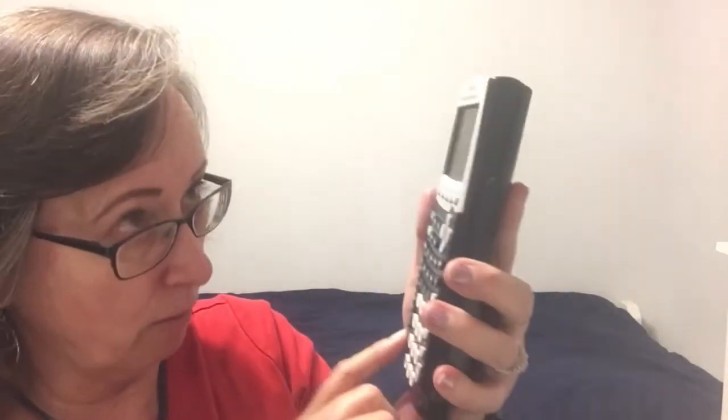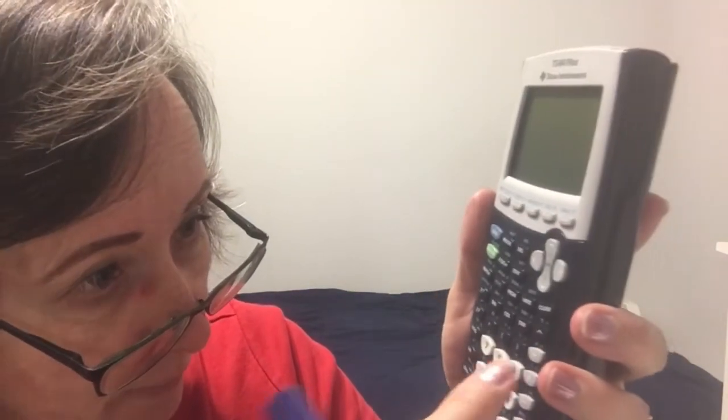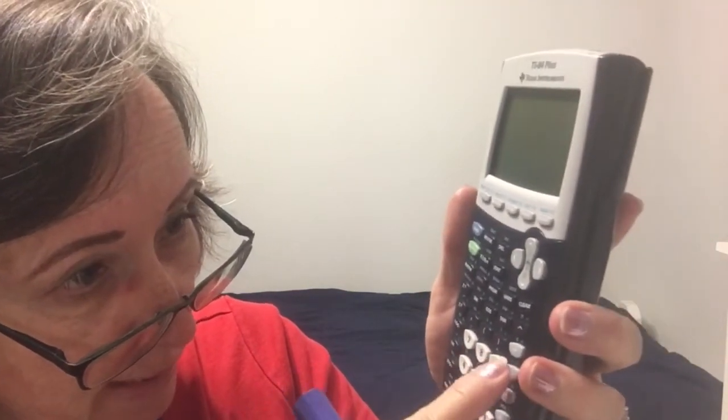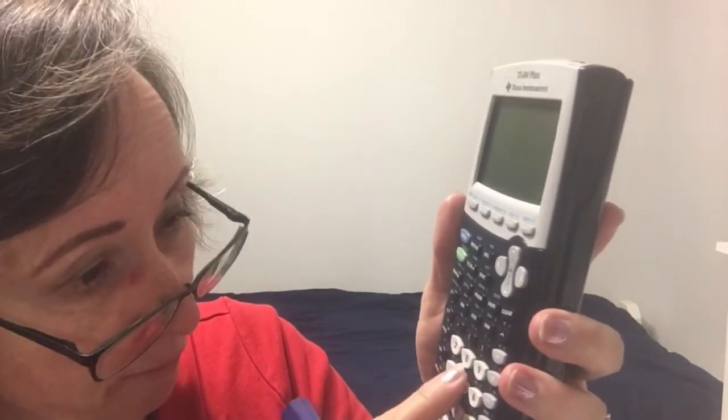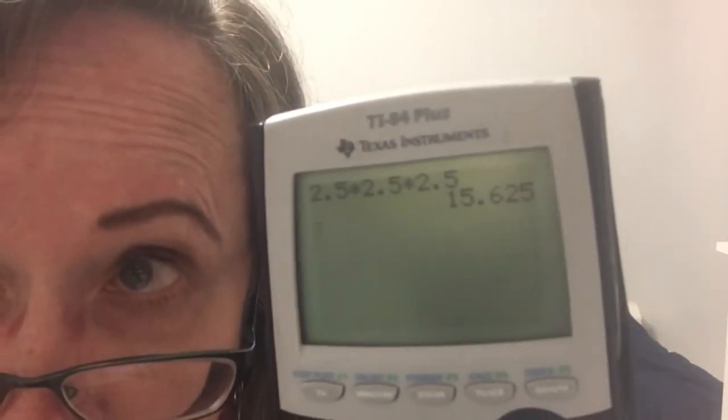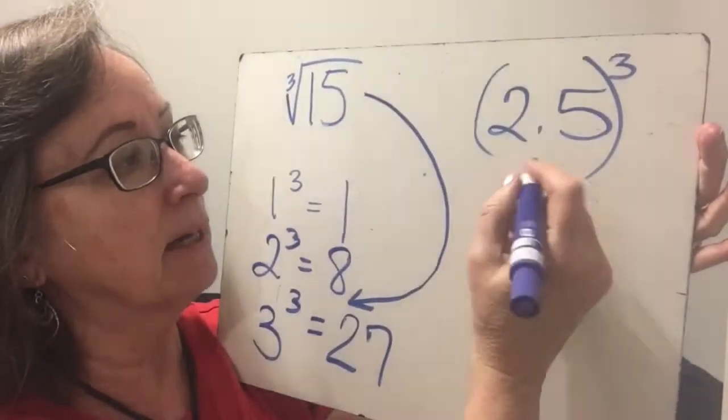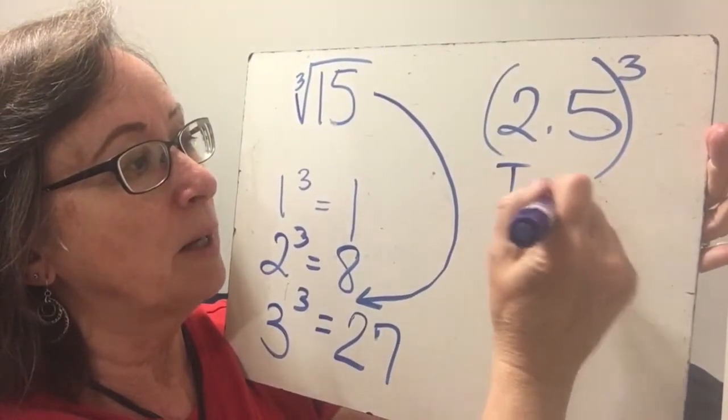So here we go, just to get a reference point. Now we're going to use 2.5 times 2.5 times 2.5. And I get 15.625, which is too big. Okay, so we know 2.5 is too big.